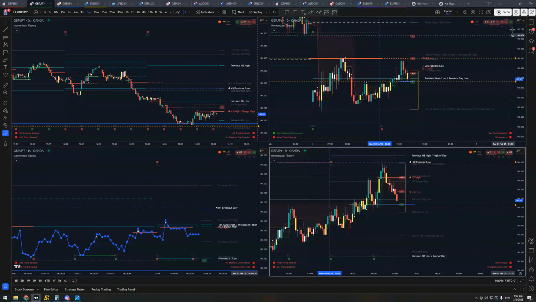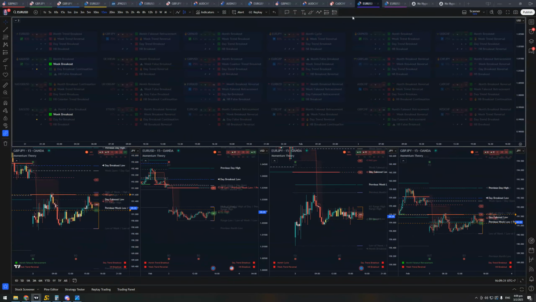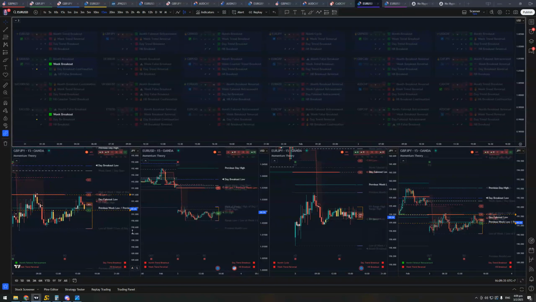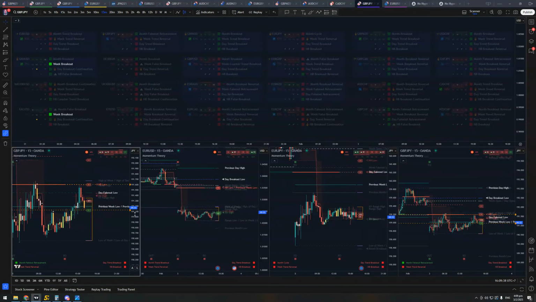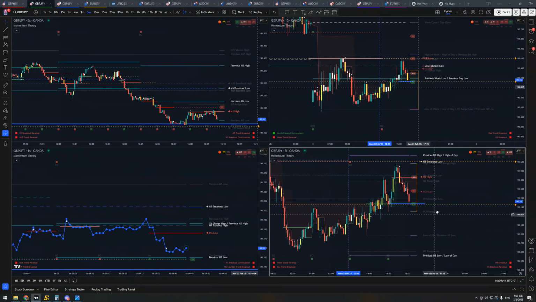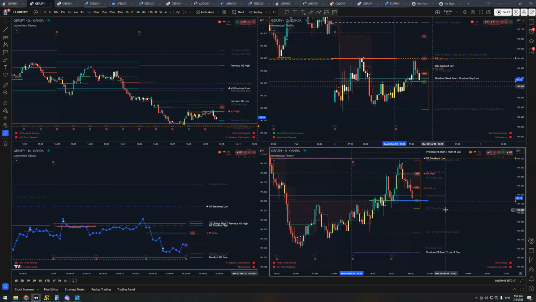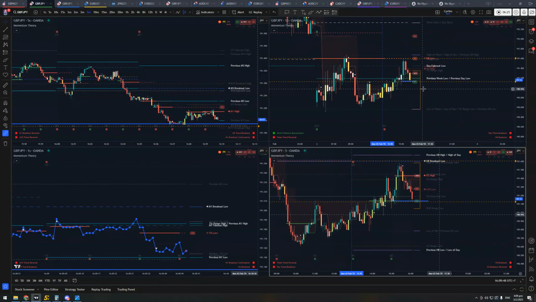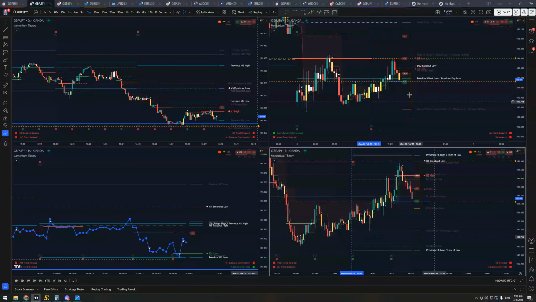So still wait. A quick look at the scanner, still nothing. So London is still not doing anything. 5 minutes left here. I could probably take one. I think it'll have a trade very soon here. Just need to get below the H2 and the H1.